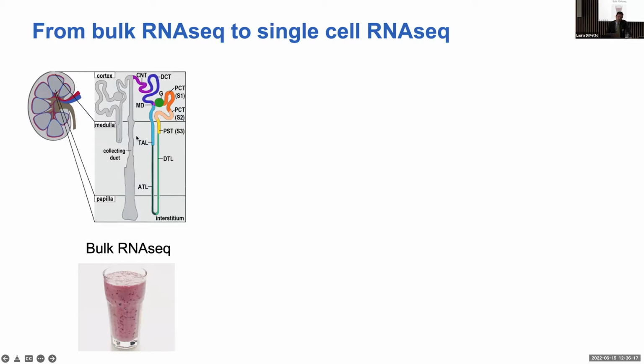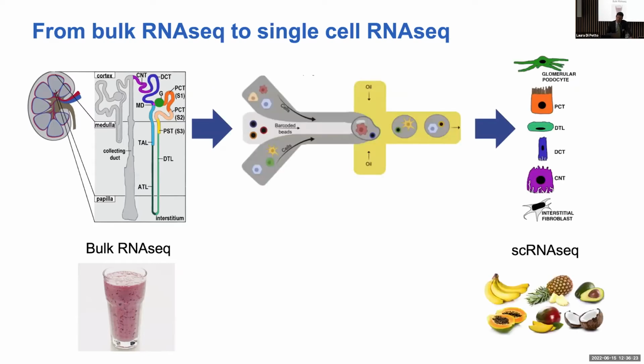And for this reason, new technologies were developed, which are more focused on single cell analysis. So instead of destroying the kidney or the tissue, you basically dissociate it to get a suspension of single cells. And then by applying fluidics technologies, you basically encapsulate these individual cells with beads, and you can perform your sequencing analysis within this vesicle.